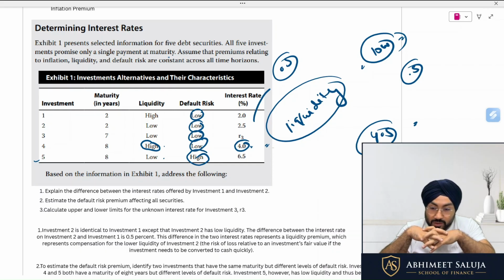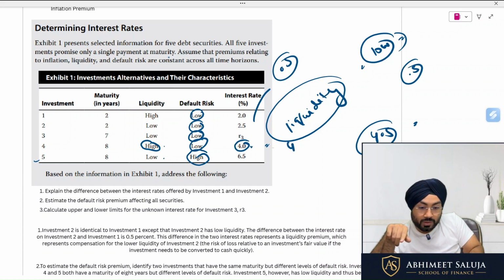Now these 4 and 5 instruments are almost the same, because both have 8 years maturity and low liquidity. With the 4.5 compensation made, liquidity is low in both, and default risk is low in the fourth one and high in the fifth one.